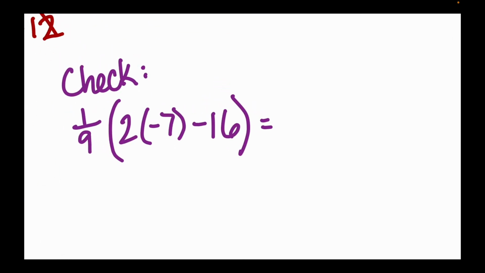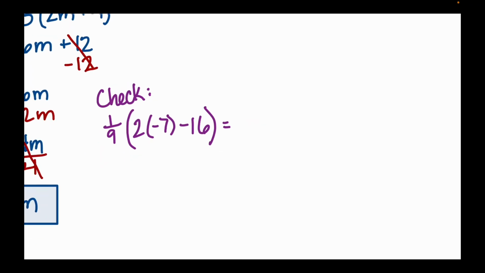So 2 times negative 7, that's going to give us negative 14 minus 16, and then we want to multiply this by 1/9. So that is going to be 1/9 times negative 30.